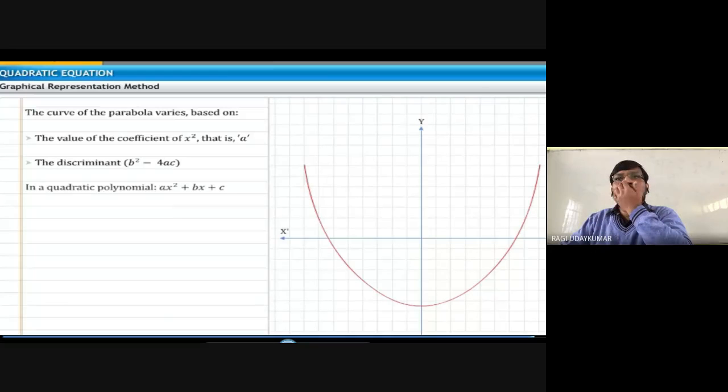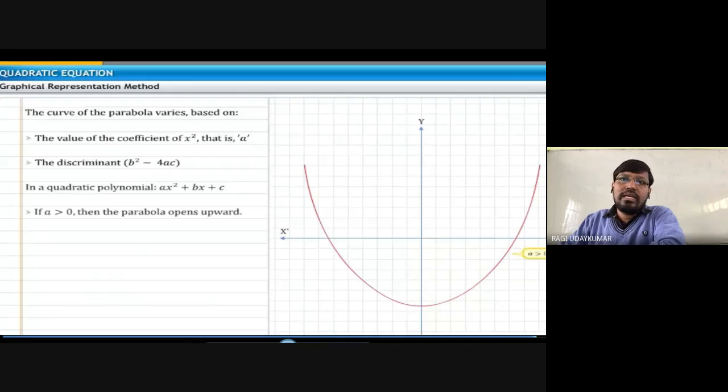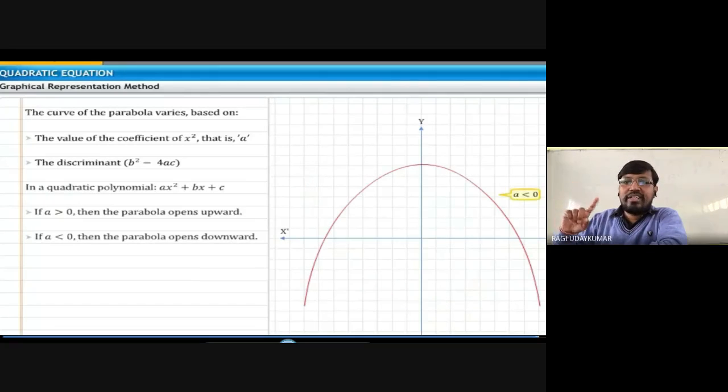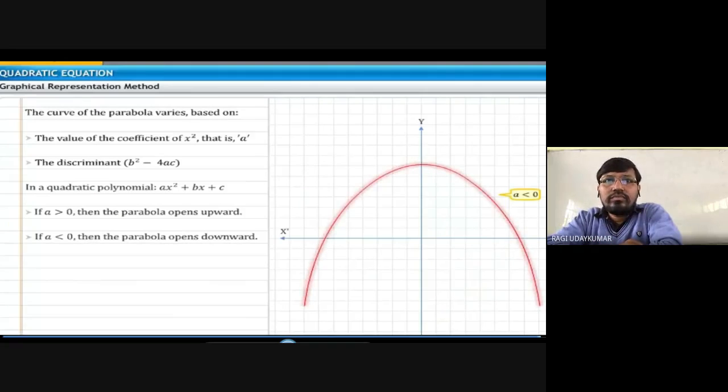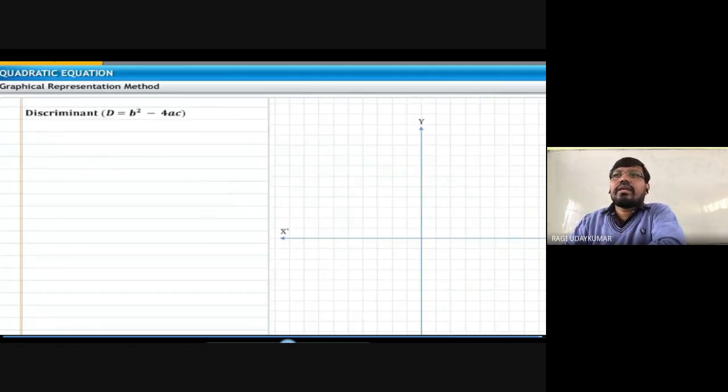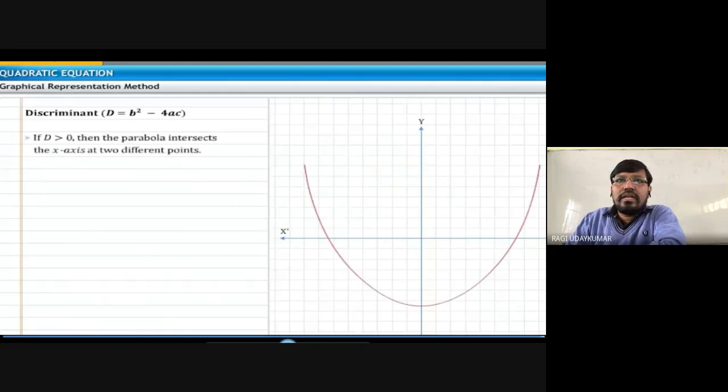In the quadratic polynomial ax square plus bx plus c, if a is greater than 0, the parabola opens upwards, and if a is less than 0, it opens downwards. If the discriminant is greater than 0, the parabola intersects the x-axis at two different points because there are two real and distinct roots.